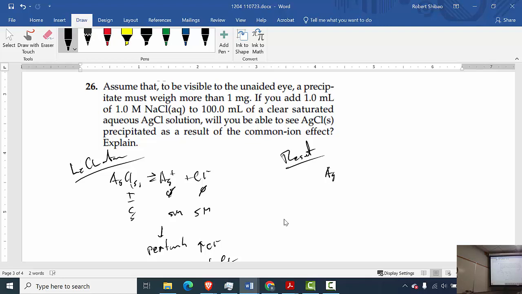If I shift all that S backwards, then what's the limiting reagent? Is there a limiting reagent? No, there's no limiting reagent. It's stoichiometric. And so I'm going to shift all the saturated solution back to 0. So I'm going to have 0 molar silver and 0 molar chloride from AgCl.